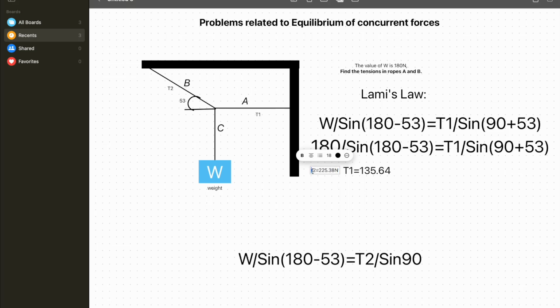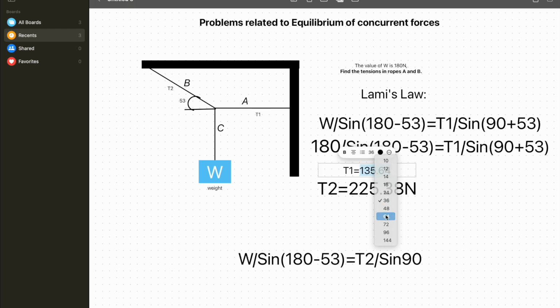So it's our T2, the answer. The T1 is 135.64 and the T2 is 225.38.